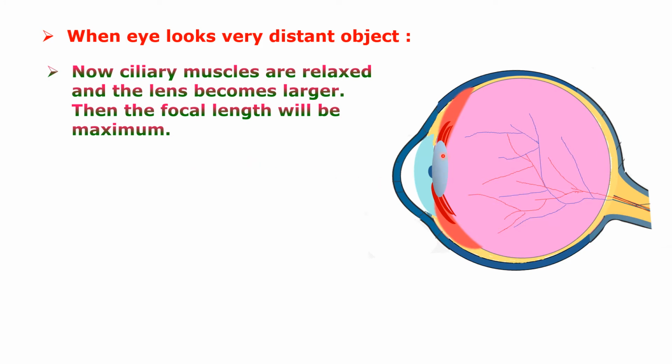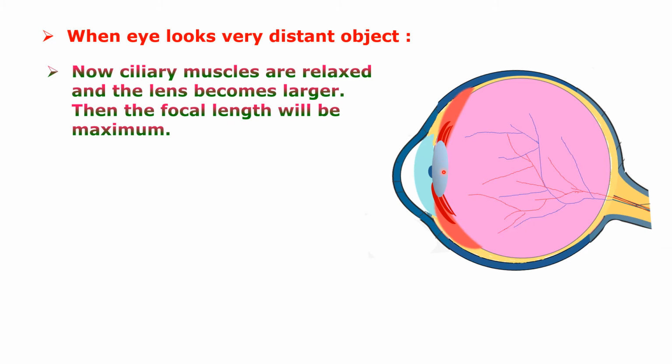When viewing the objects at infinity, that is far away from the eye, at that time the ciliary muscles get relaxed so that the size of the eye lens will become more. When its size becomes more, obviously the focal length will become maximum then.